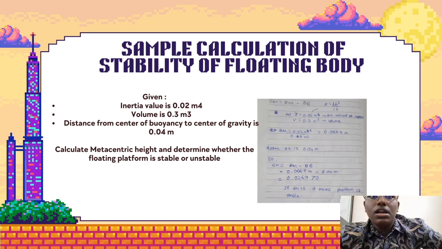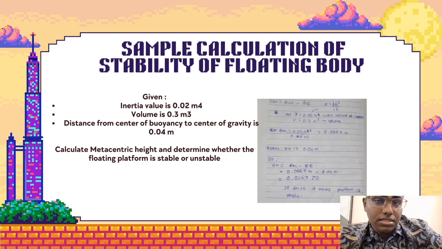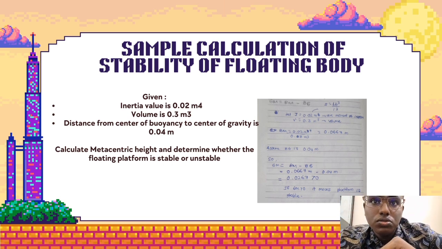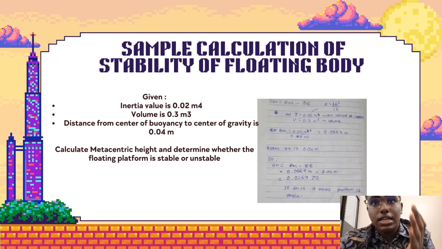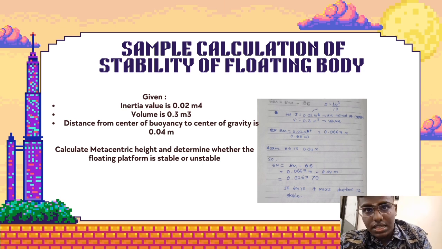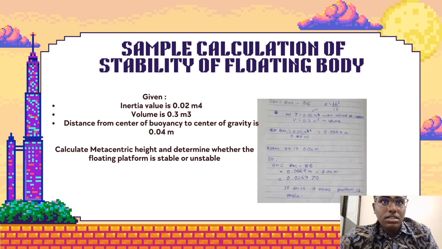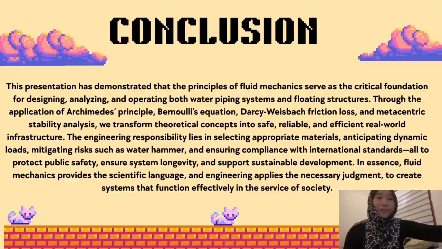For example, after I calculate this question, I get the answer 0.0267. Since I get more than 0, it means it's stable. If less than 0, it means it's unstable. If equal to 0, it means neutral. So this is the concept calculation in stability of floating body.